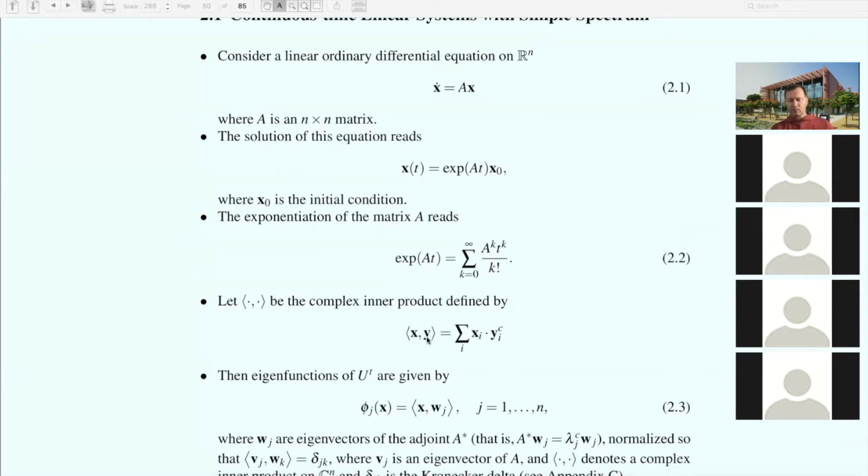If x and y are two complex vectors, then the complex inner product is the sum over i of x_i times y_i^c, where x_i is the ith component of the vector x, and this is the complex conjugation. So that's the difference. You can again find the properties of the complex inner product defined in this form in the appendix notes.